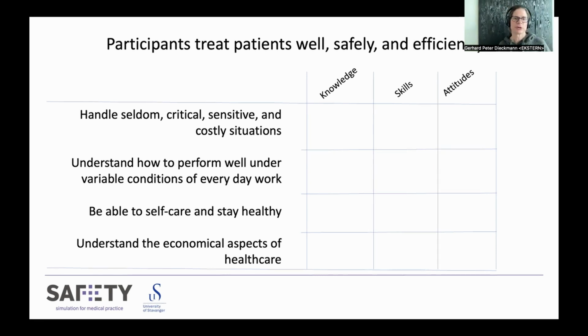Another angle, basically also on the same thing, would be to help people understand how do you actually perform well under variable conditions of everyday work. A lot of times when you think about education, when you think about safety, there's the notion of let's standardize things. If everybody is working according to the standards, everything will be fine. But healthcare, patients, human beings are variable.